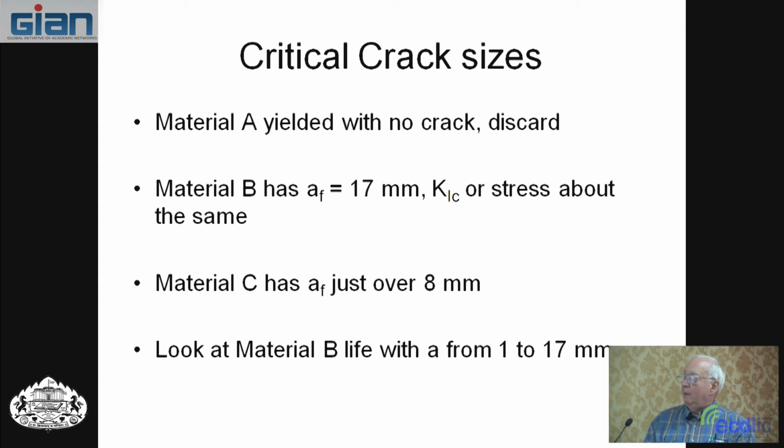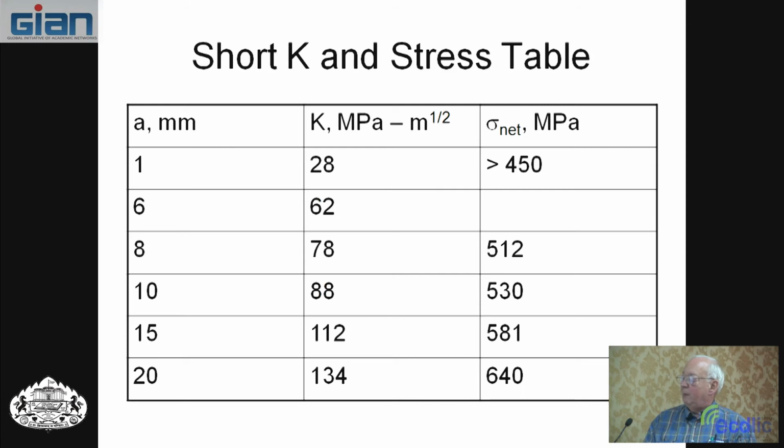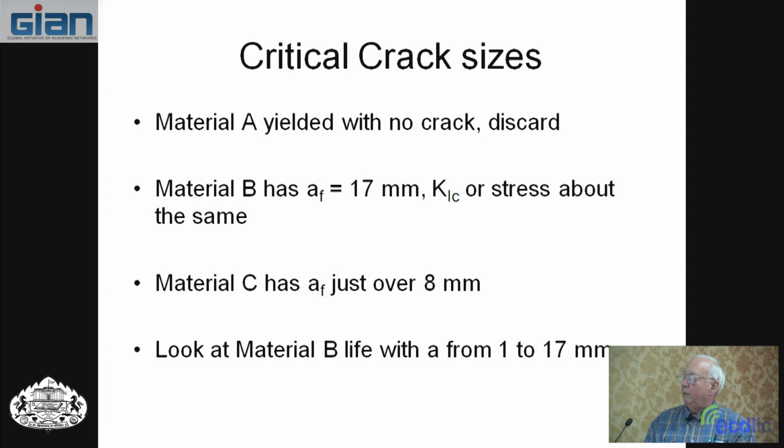And material C, K1C was about 80, I think, so it has a little bit more than 8 millimeters. So just pick 8. Look at material B. It could grow a crack from initial size of 1 millimeter to 17. Now, in doing this analysis, I didn't say that the crack might have been growing during the regular times.